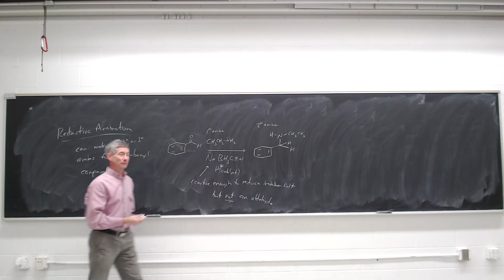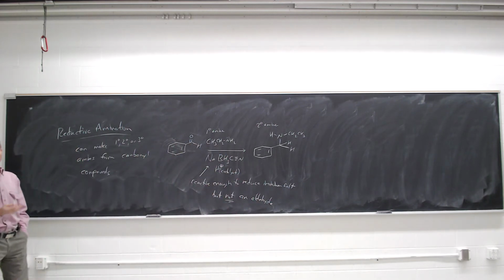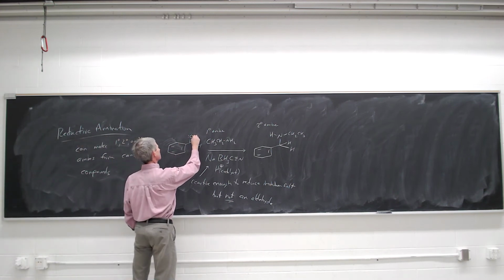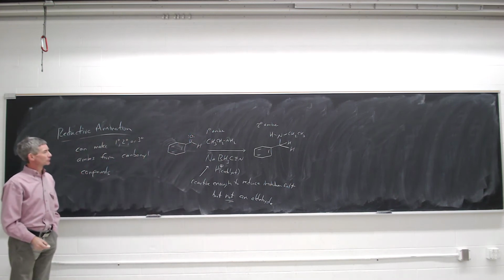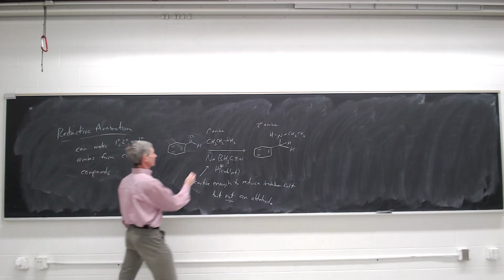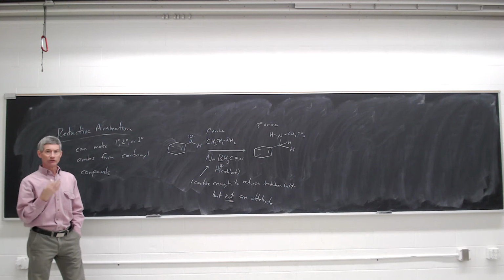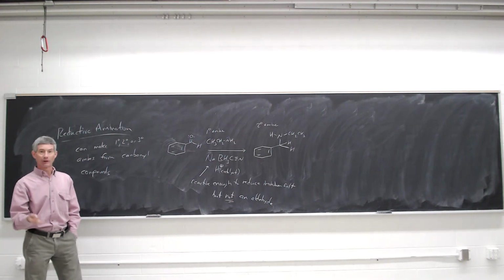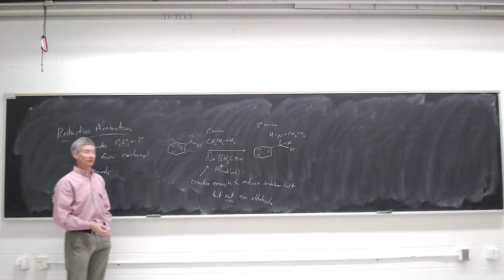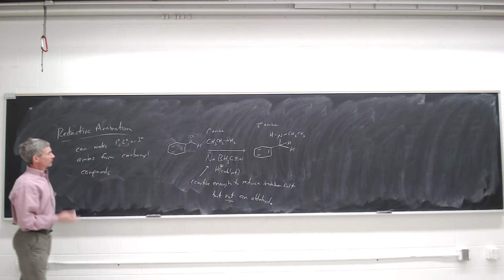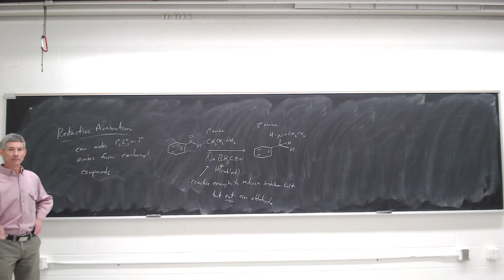The iminium salt is positively charged and is therefore significantly more reactive towards reduction than the neutral aldehyde. So what's happening is the primary amine in the presence of the catalyst is reacting to generate the iminium salt, and then the iminium salt is being intercepted by the reducing agent. So really, it's not a new mechanism.